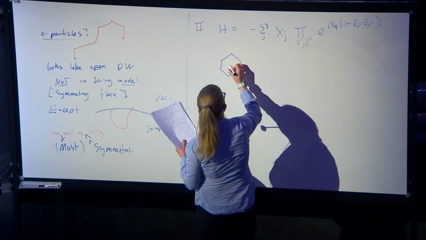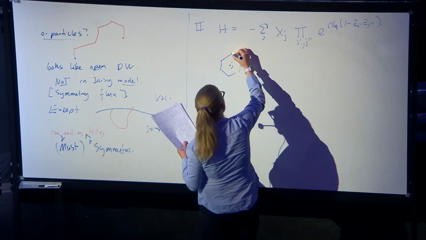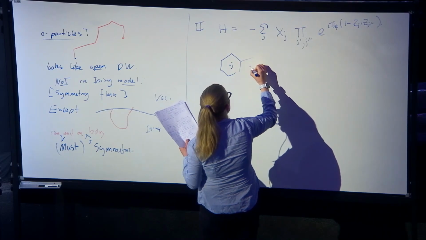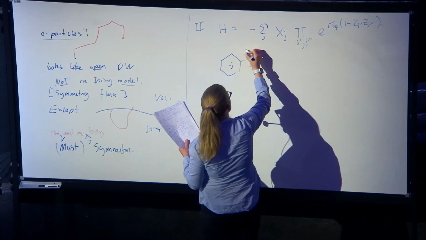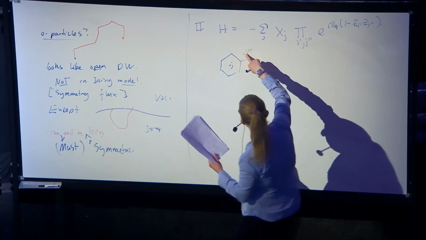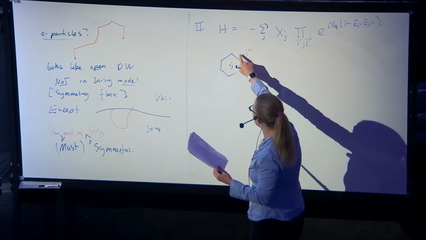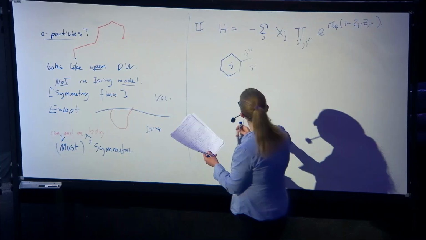And the easy way to understand what this phase factor does is, so here I have a J, and then this product runs over J prime, J prime prime, so all of the pairs of sites that make the other two corners of a triangle, okay?